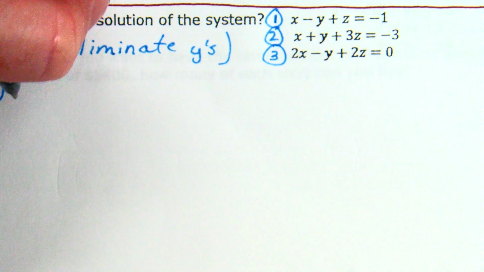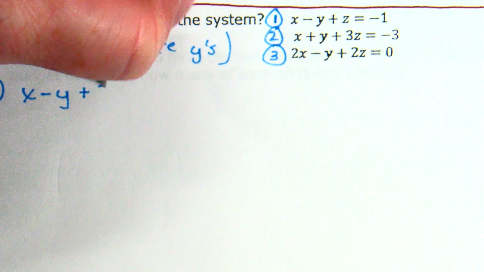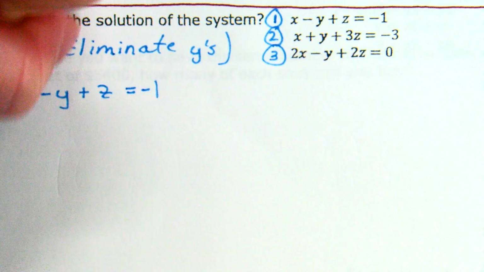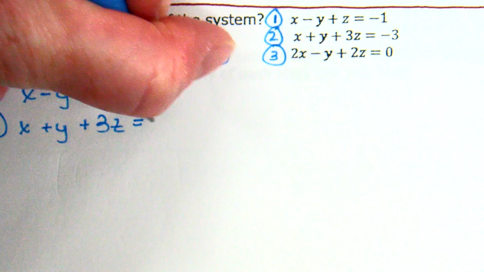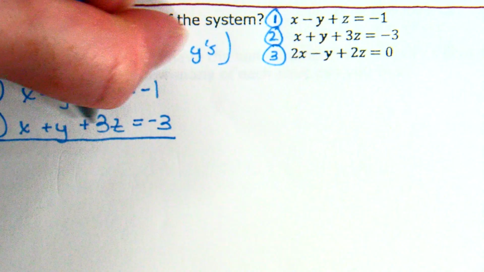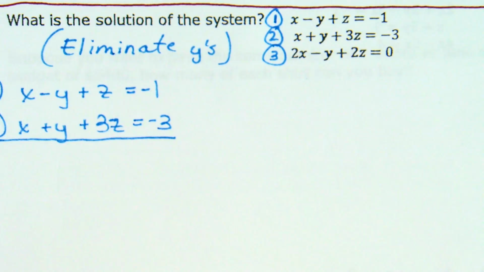X minus y plus z equals negative 1. X plus y plus 3z equals negative 3. You will notice me, guys, I'm putting the dash through my z's today, especially because there's a lot going on here, yes? You need, when you look back at that, to know it's a z and not a 2.